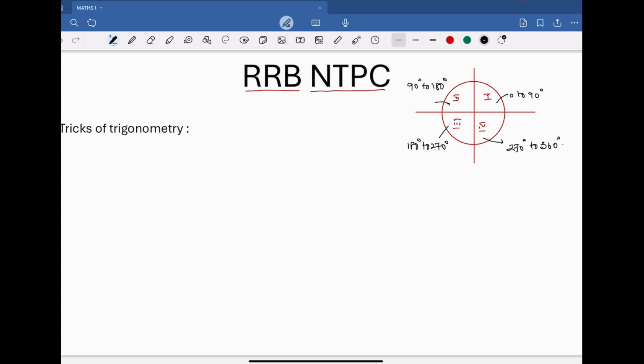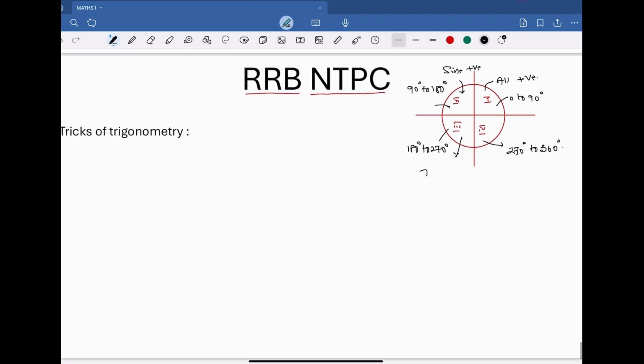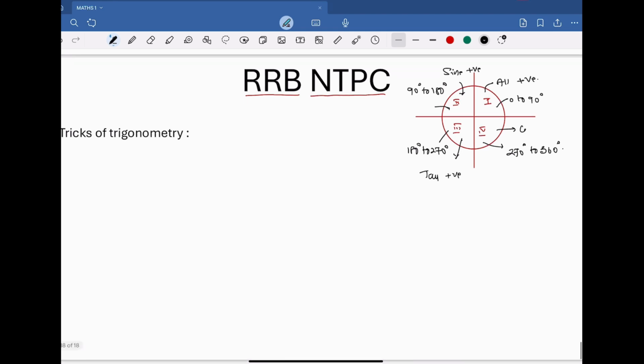Now, in the first quadrant we have defined that all values of the trigonometrical identities are positive. In the second quadrant, sine will be positive. In the third quadrant, tan positive. In the fourth quadrant, it is cos positive.